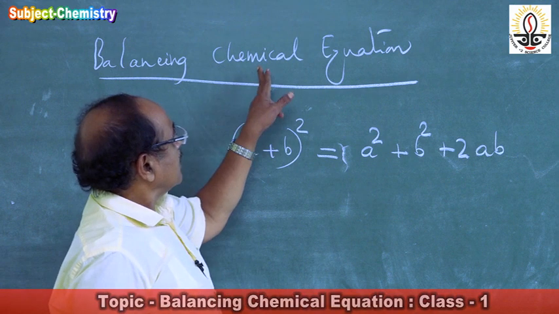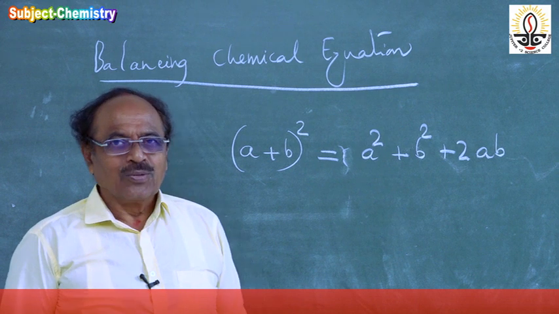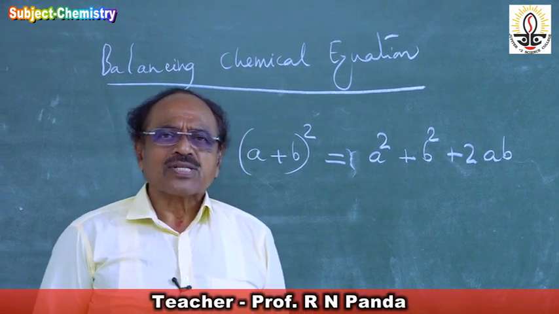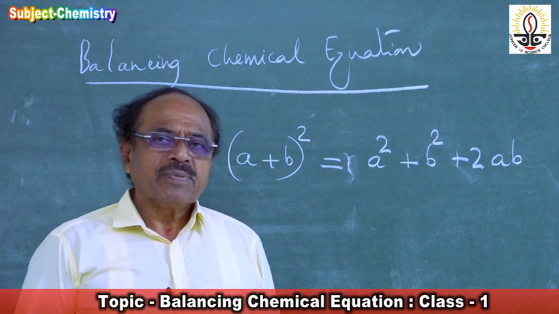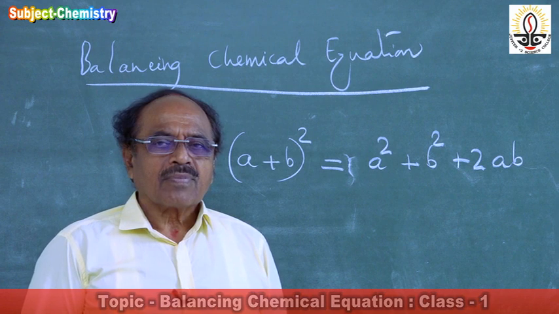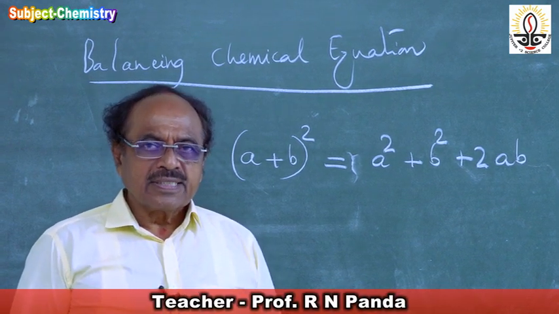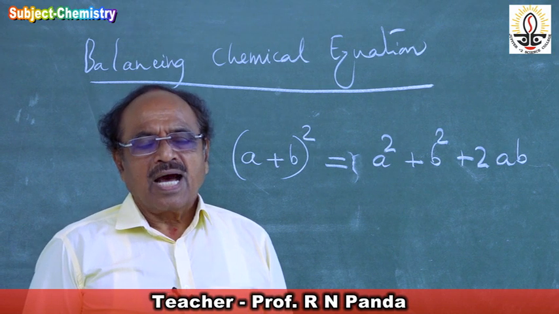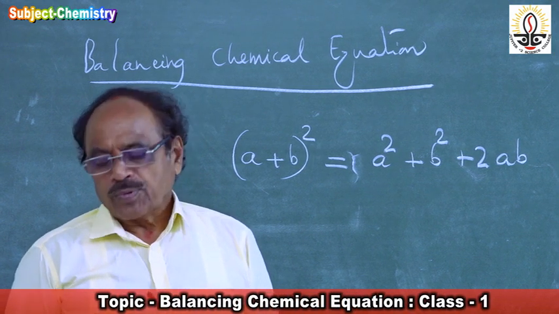Now the question comes: chemical equation. We'll come to what is called a chemical equation. Now what happens during a chemical reaction, the substances undergo reaction to produce a product.